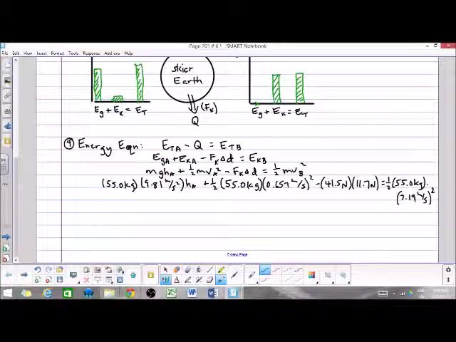There it is. That's a lot of information organized in one equation, but it was possible because of your LOL diagram. Now this solves to give you the height of the top of the hill of 3.513 meters.